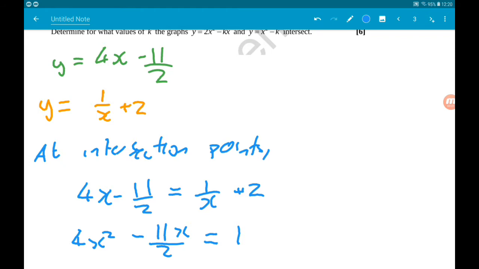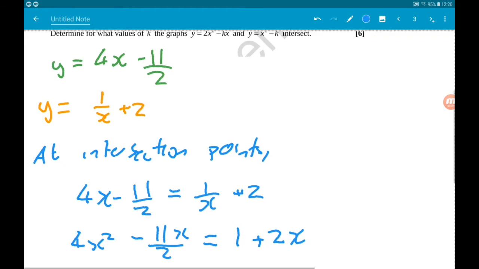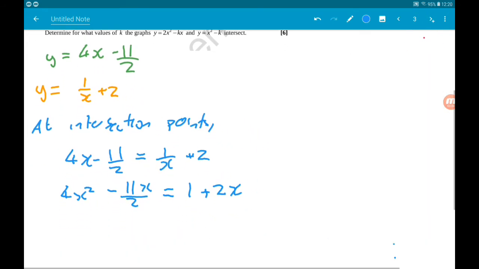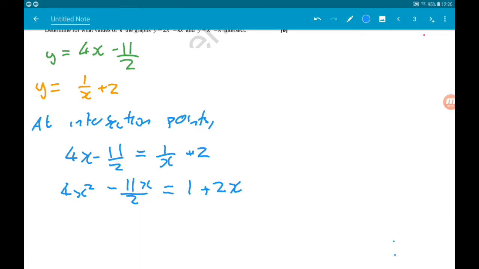Add 2x. Okay, if we then multiply through by the 2, we then get 8x squared minus 11x is equal to 2. Add 4x.